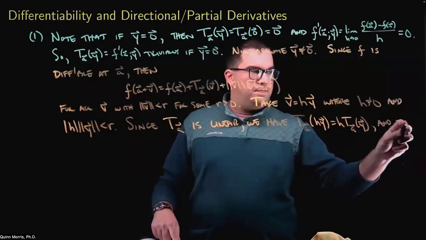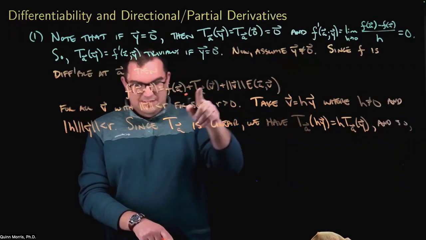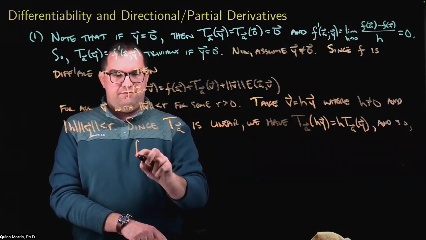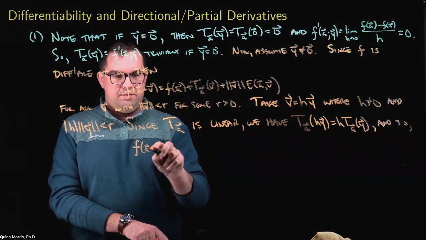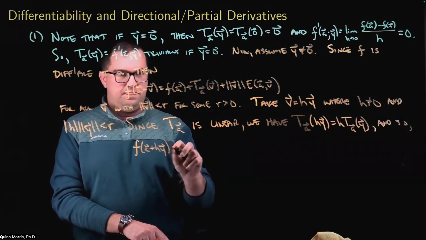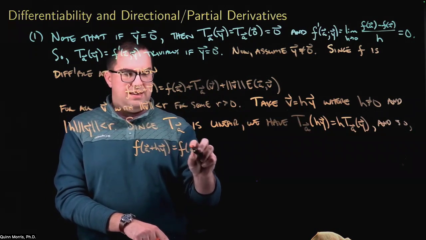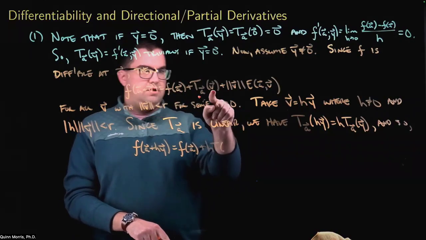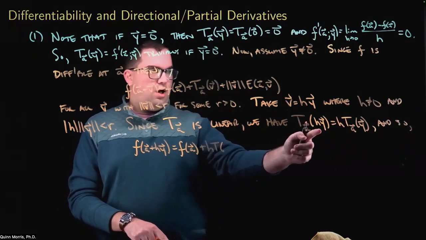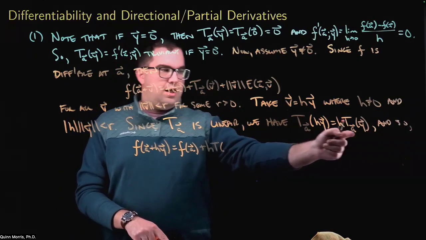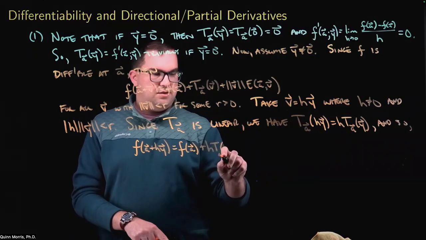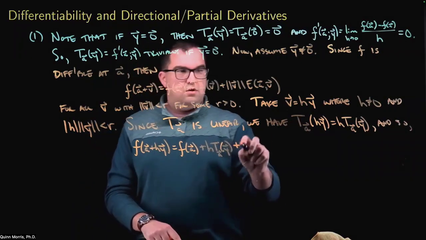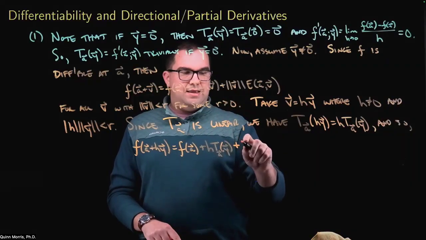And so if I start plugging back in here, what I would get is F of A plus HY equals F of A plus, plugging in HY for V, T sub A of HY, which is H times T sub A of Y. Plus, now I'm going to plug in HY here.